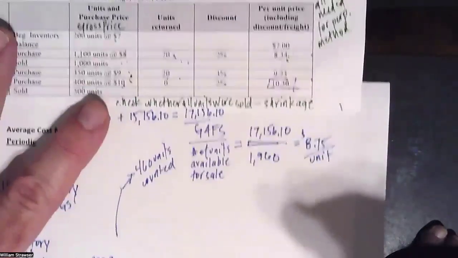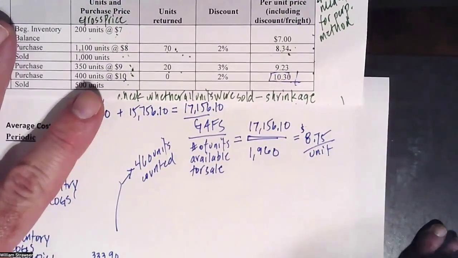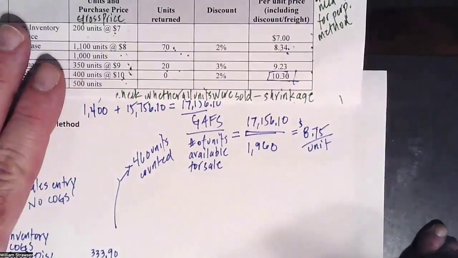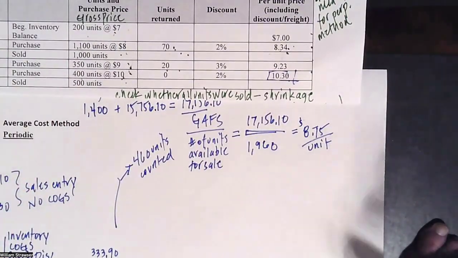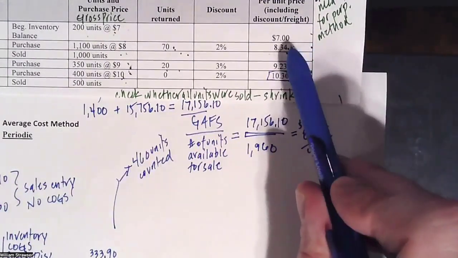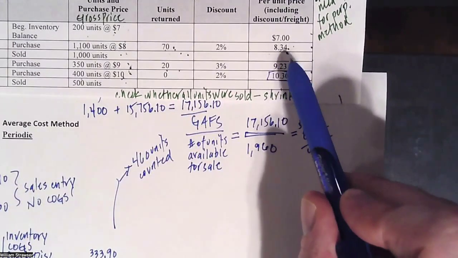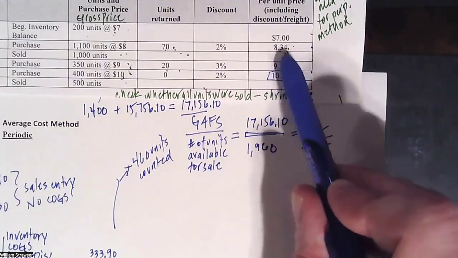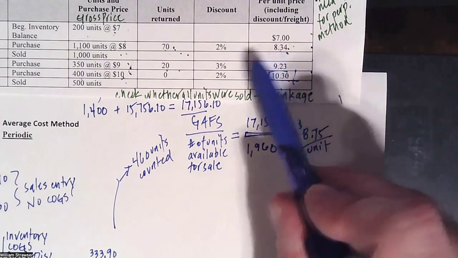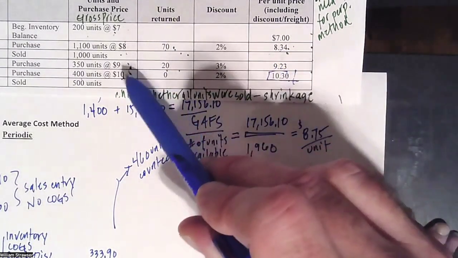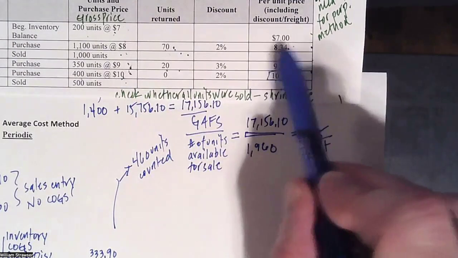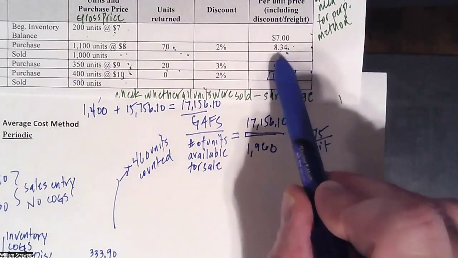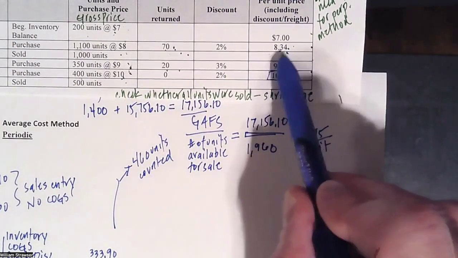Now, it's best to give it a little bit of a sniff test and just say, does that kind of make sense given my price points? It seems to, right? Because we have a $7 price point here. We have 1,100 at 834, and that's a pretty big amount of units compared to the 200, the 350, and the 400. So, the average will be drawn a bit to this number.